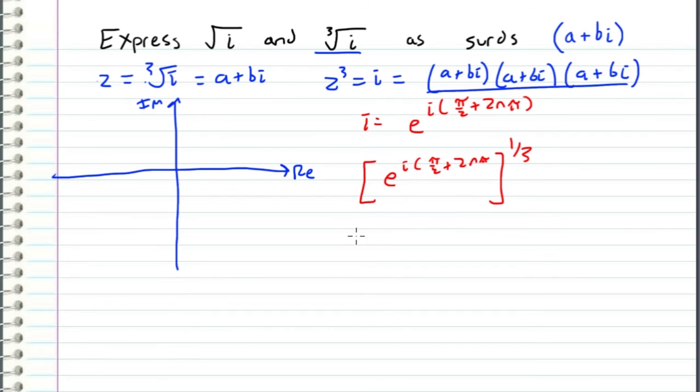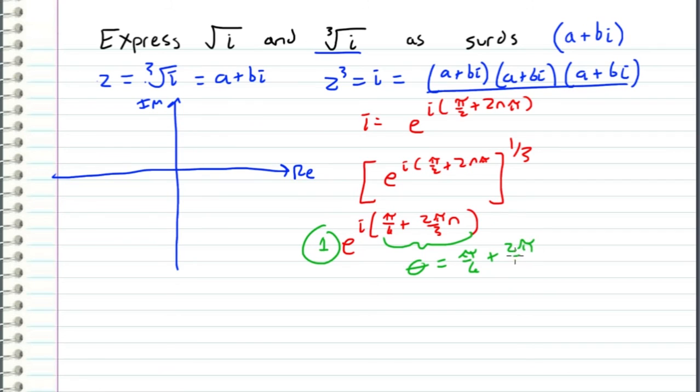When I distribute this 1/3, I get e to the i times (pi over 6 plus 2 pi over 3 n). So we've got a radius of 1, and a theta equal to pi over 6 plus 2 pi over 3 times n, for n equals 0, 1, 2, and so on.